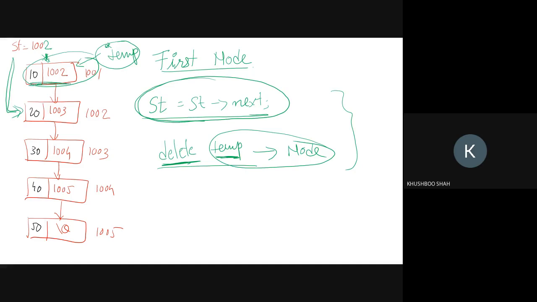It is still there. So I need to free the memory. And for that we have delete and we have free, both the things. These two I'll cover in the next lecture in detail, but right now just keep in mind that you can use delete and free.